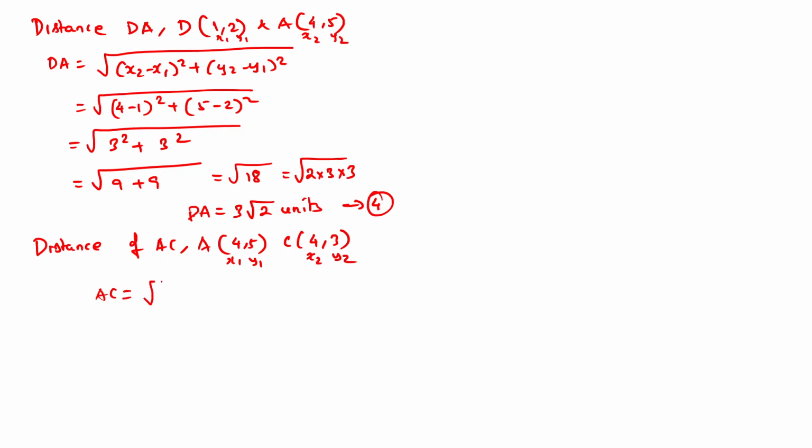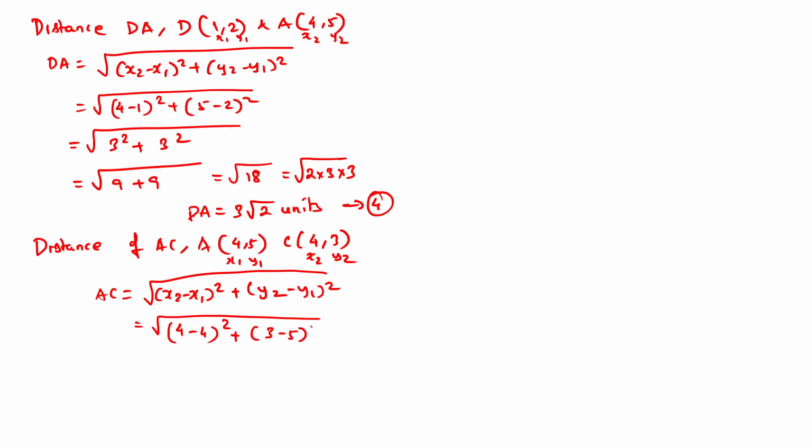So AC is equal to the square root of (x2 minus x1) whole square plus (y2 minus y1) whole square. That is equal to root of 4 minus 4 whole square plus 3 minus 5 whole square. 4 minus 4 is 0 square, so it will be 0 again. 3 minus 5 is minus 2 square.